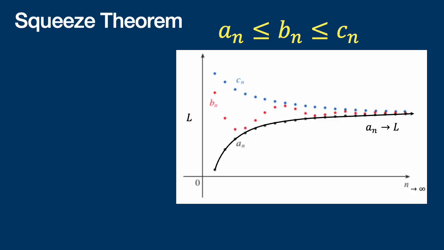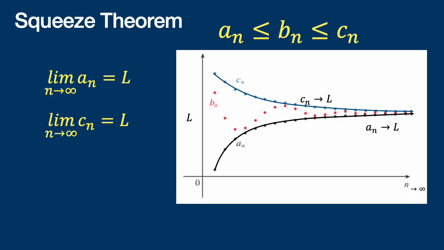Now look at the behavior of Cn. Cn goes to y equals L, so Cn approaches the L value too. The limit of Cn is L as n approaches infinity.